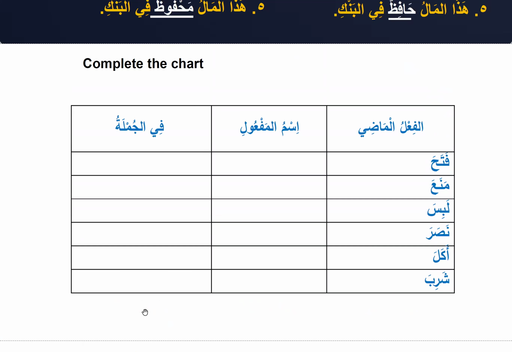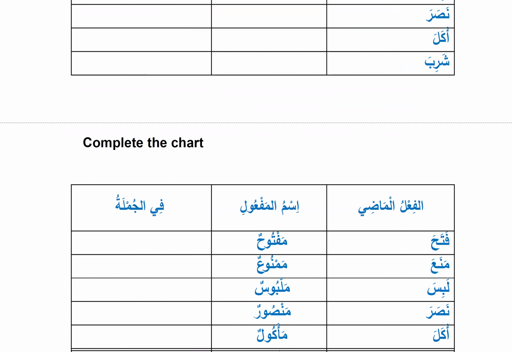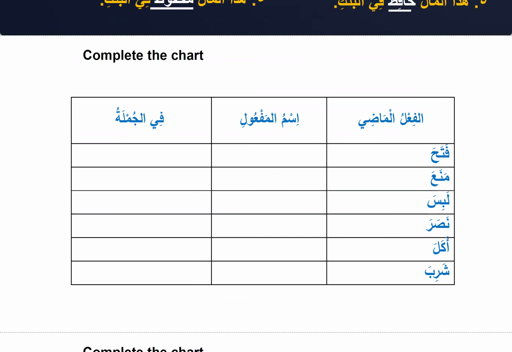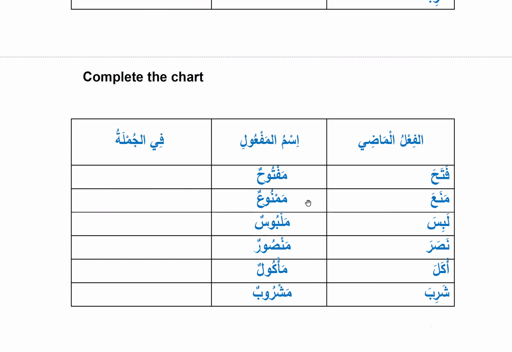Now here is to complete the chart, and the answers are here. So it's very simple. All of these are three-letter verbs. Sorry, that is for Ism Mafʿūl. For Ism Mafʿūl, we have to make it in the format of maf'ul: put ma at the beginning and waw at the second last.